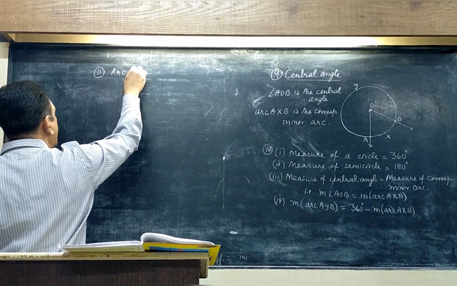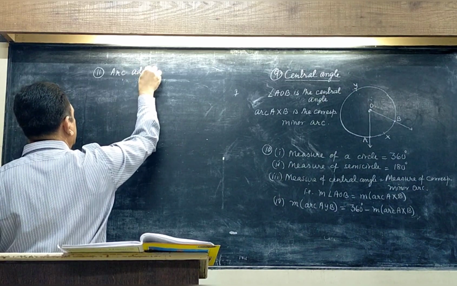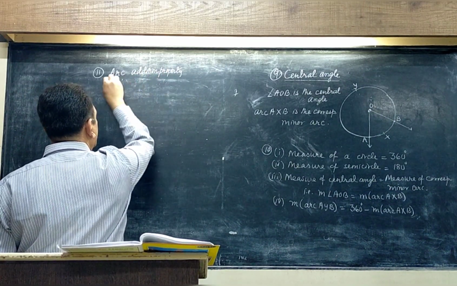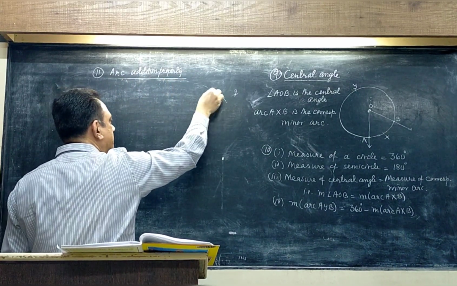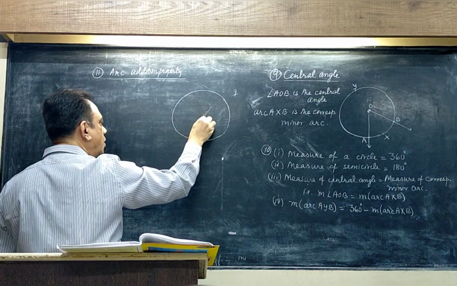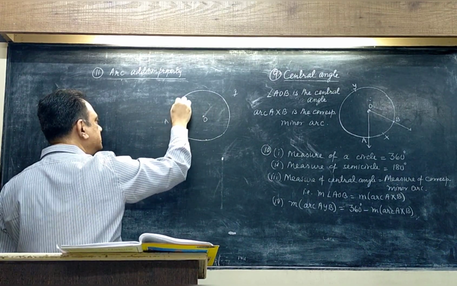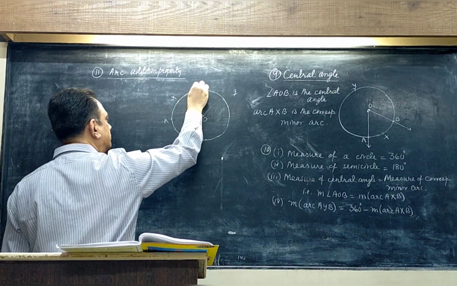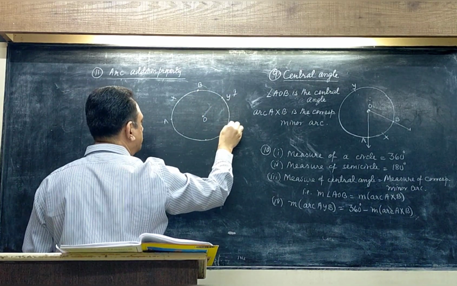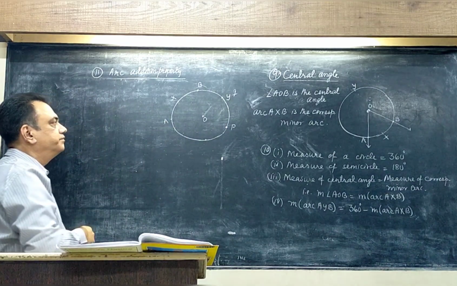Arc addition property. This is a circle, center O. I'll take some points on the circle.